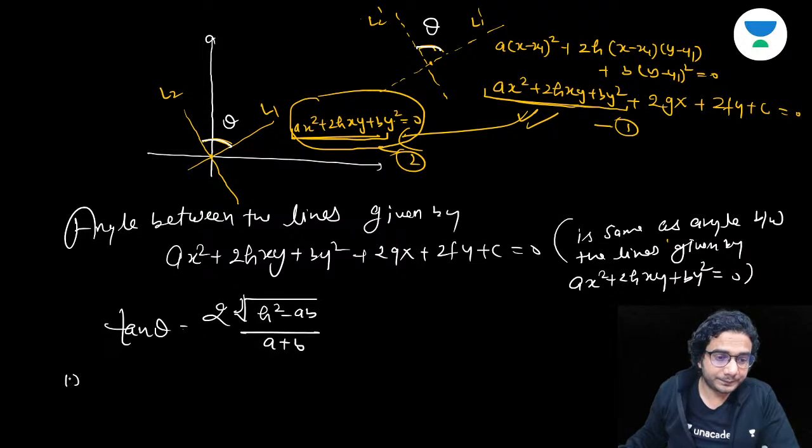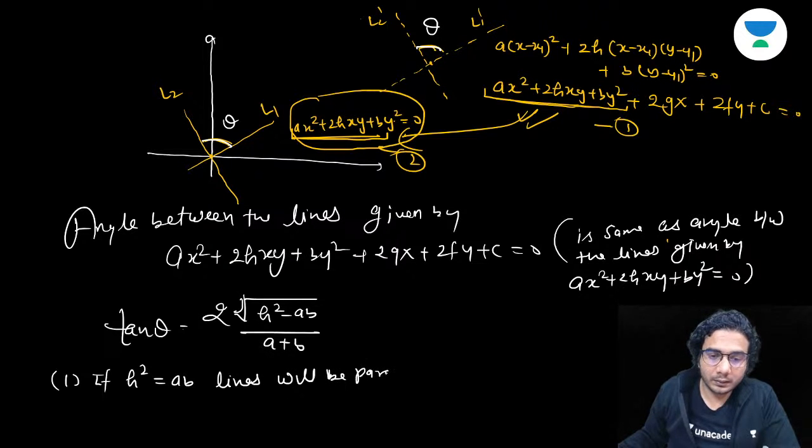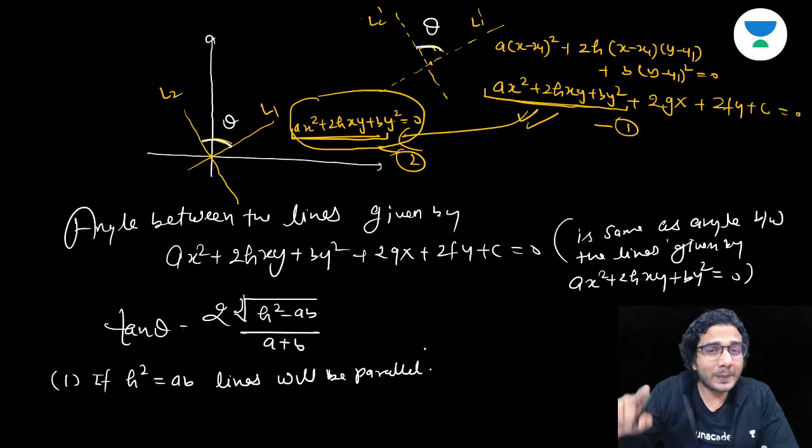That means if h square is equal to ab, then lines will be parallel. Now lines will be parallel. It's not necessary that they will be coincident. They can be parallel in this case.